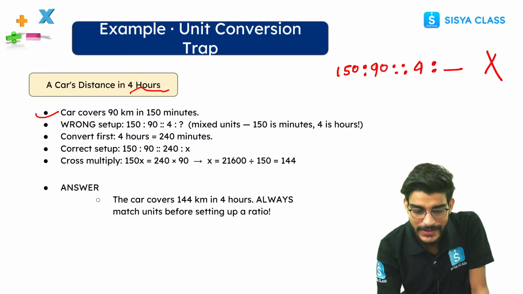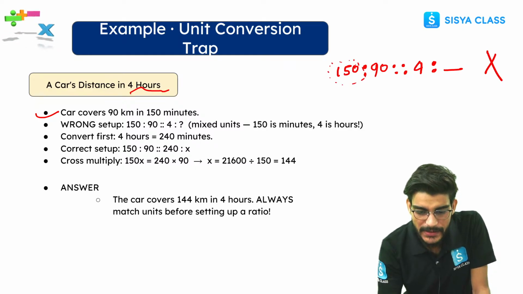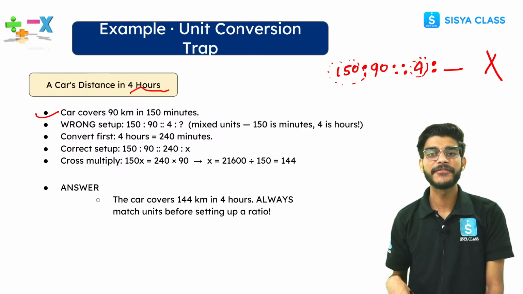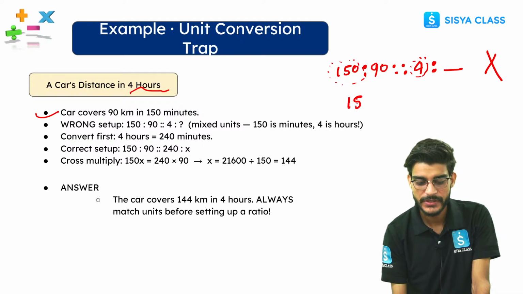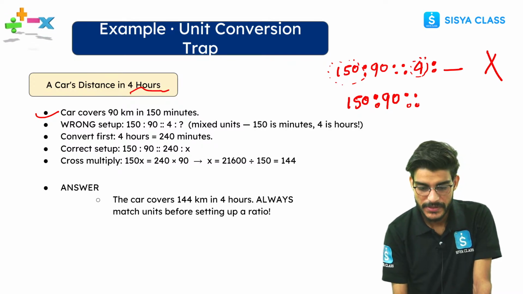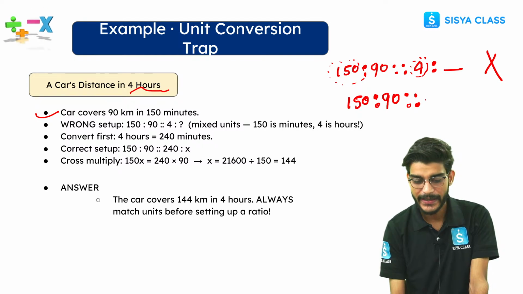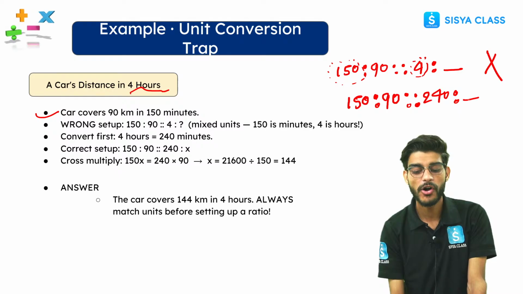Why? Because you have written time in minutes here and here the time is in hours. So you have to convert 4 into minutes first. So basically the proportionality can be represented as 150:90 proportional to 4 into 60, that is 240, and the distance is what you have to find.